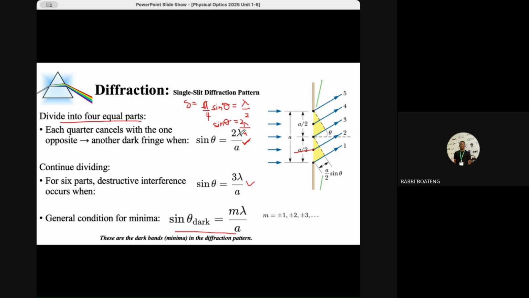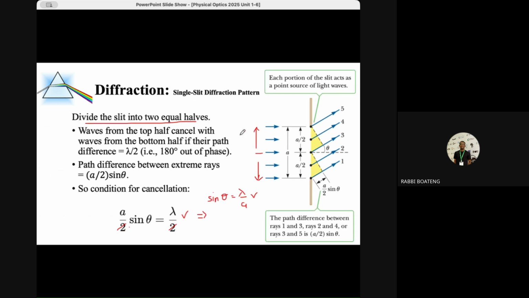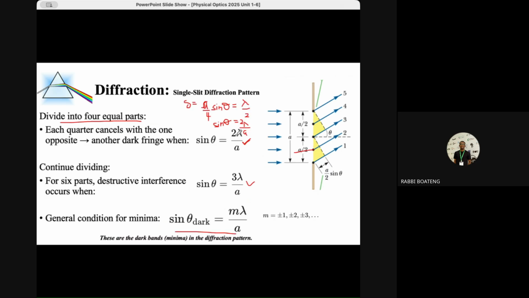Is that okay? We still have our wavelength divided by A, wavelength divided by A, but here it's only the 2 that changes. Now the aperture that we are having, we divide it by 6 again. And you can see that the formula here and the formula here are actually the same. The only difference here is what? The integer changing from 2 to what?